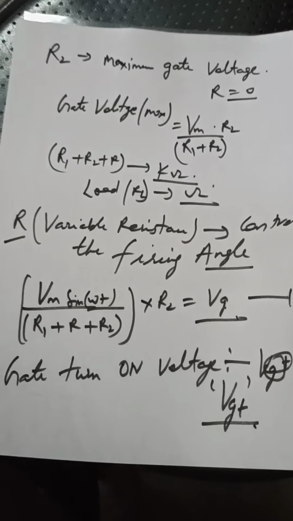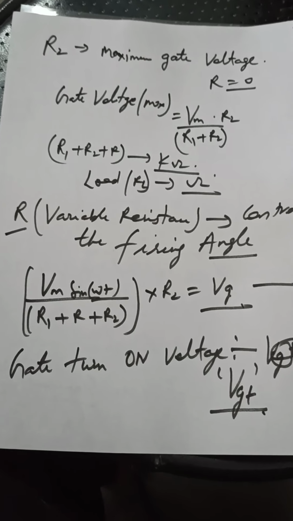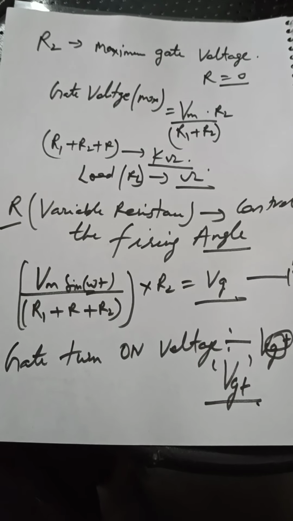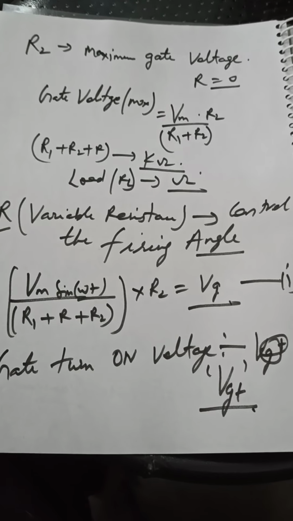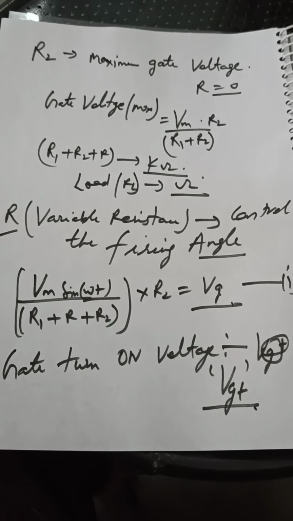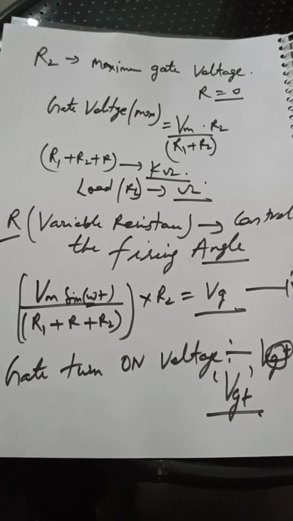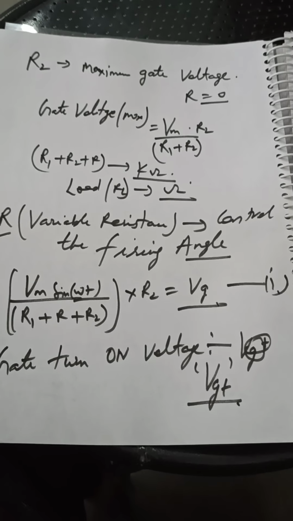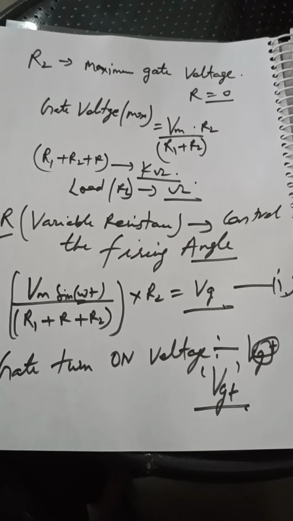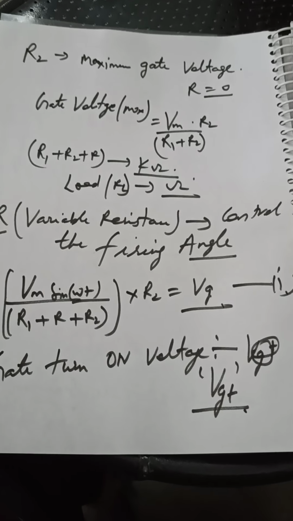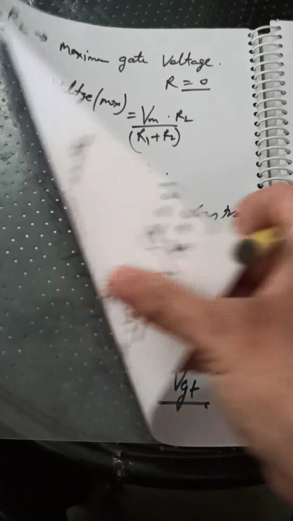Now, coming to the next part, R2. R2 will facilitate the optimal range of gate voltage. The optimal gate voltage range will be decided by R2, because the gate voltage maximum will be Vm. We can simply apply the voltage divider rule here.